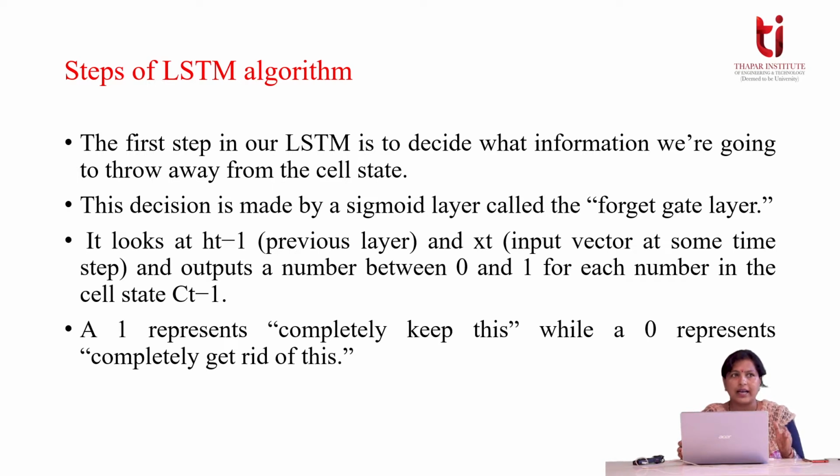It looks at h_t-1, the previous output, and x_t, the input vector at the current time step, and outputs a number between 0 and 1 for each number in the cell state c_t-1. c_t-1 is nothing but the previous cell state. 1 represents completely keep this, while 0 represents completely get rid of this.